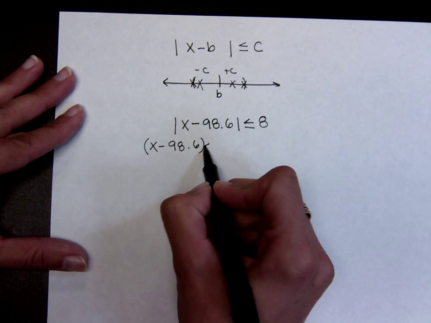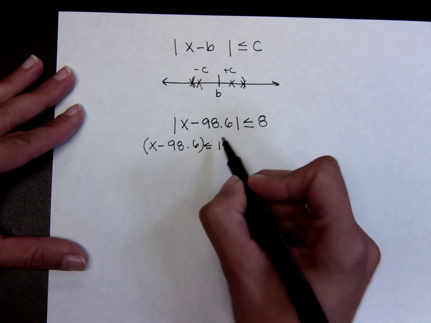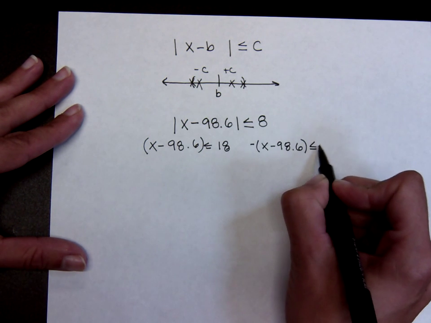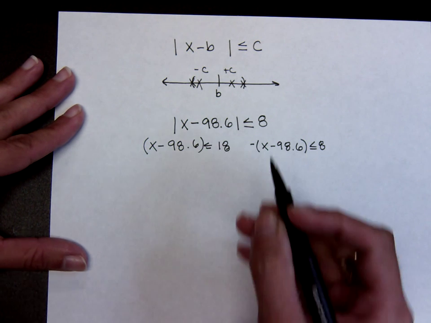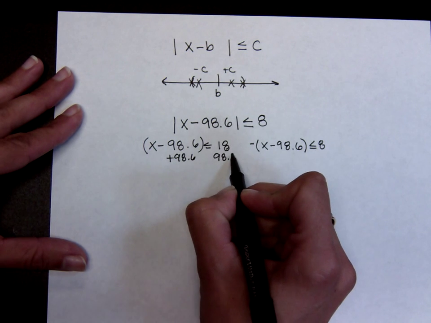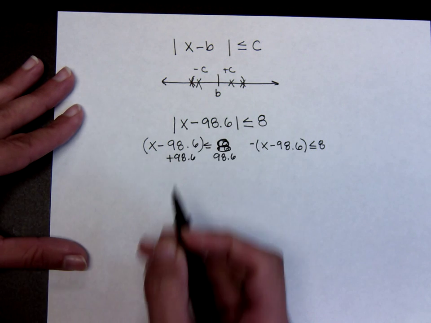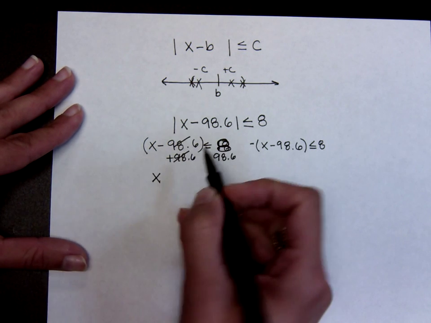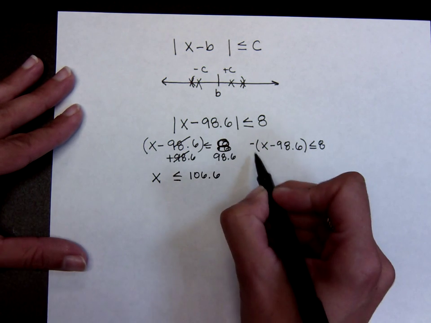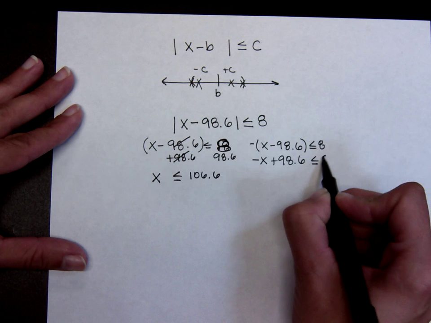The positive, remember we don't do anything to the inequality sign or to what's to the right of it, and we've got the negative. So what does that mean? Well, let's solve. Let's add 98.6 degrees. Oops, that's an 8. Pardon me. So we're adding, this goes away, and we're left with 106.6. Now we've got to distribute that negative to everything in the parentheses, less than or equal to 8.